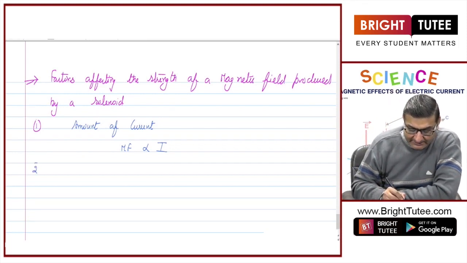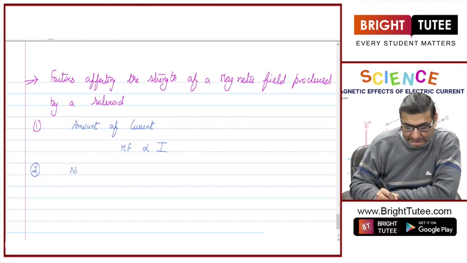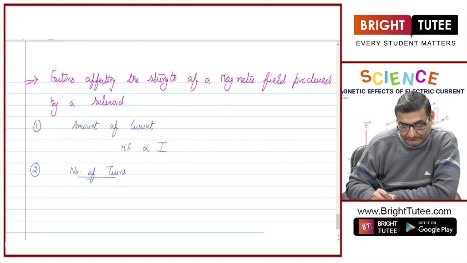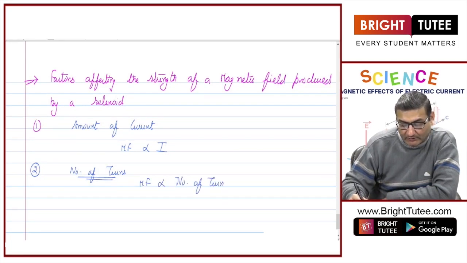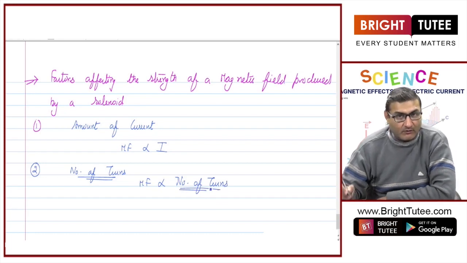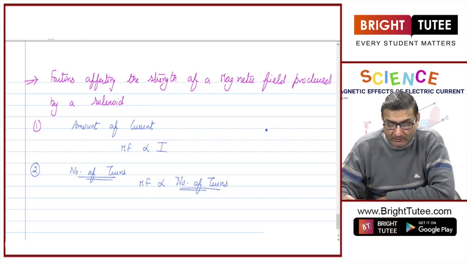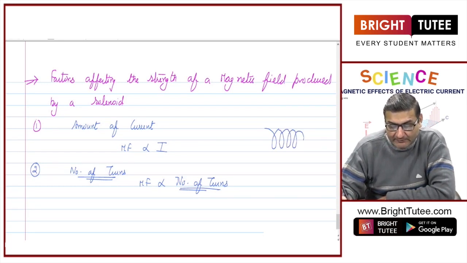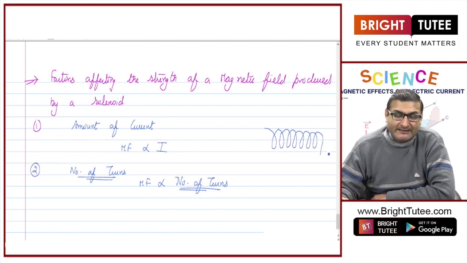The second factor here is the number of turns. The magnetic field is directly proportional to number of turns of the coil. Why? Because in one coil a magnetic field is produced, and by increasing the number of turns the magnetic field produced is multiplied.